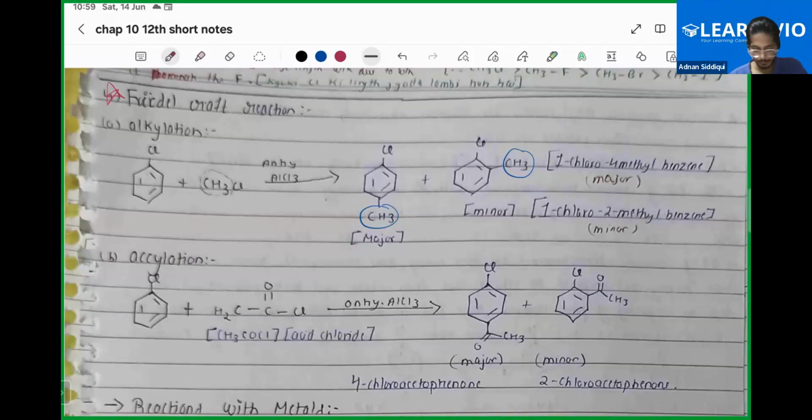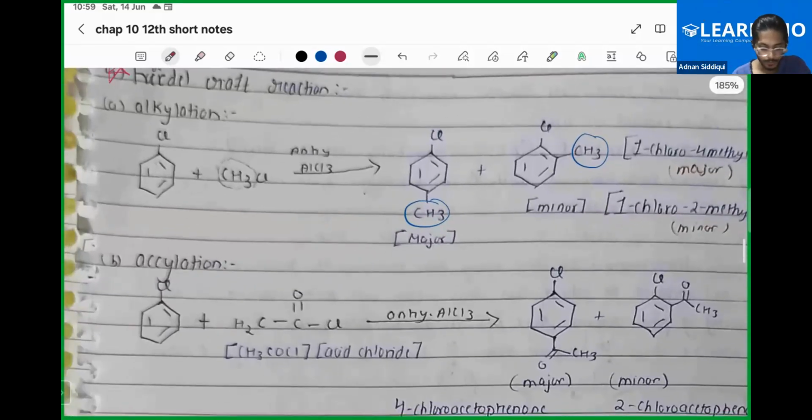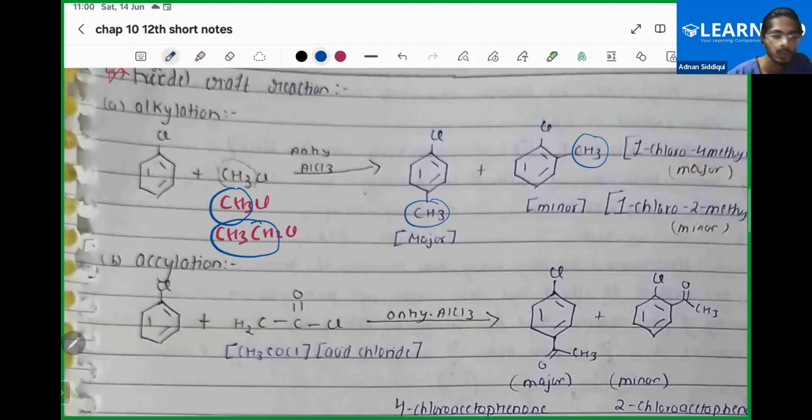So if you have CH3Cl or CH3CH2Cl in presence of anhydrous AlCl3, which works as a catalyst, this alkyl part will be attached to the ortho and para positions. Simple as that.